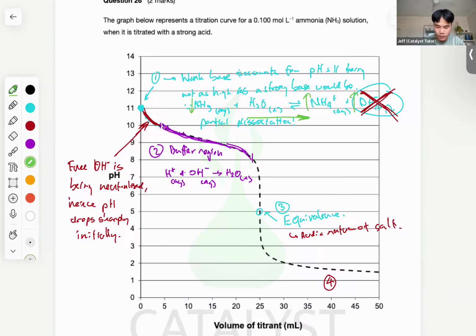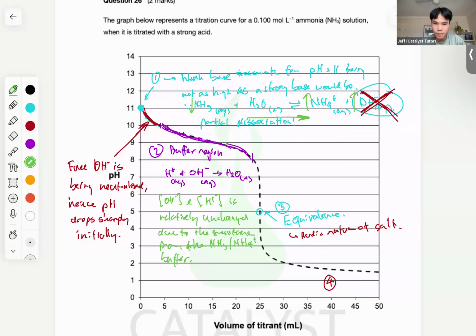So the overall effect is that the hydroxide concentration and H plus concentration is relatively unchanged due to the resistance from the NH3 NH4 plus buffer. And that is why the curve then flattens out through this buffer region rather than continuing to drop sharply.